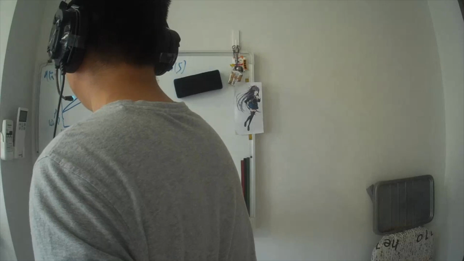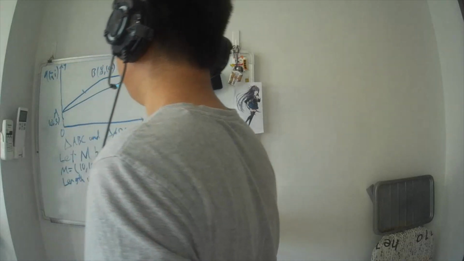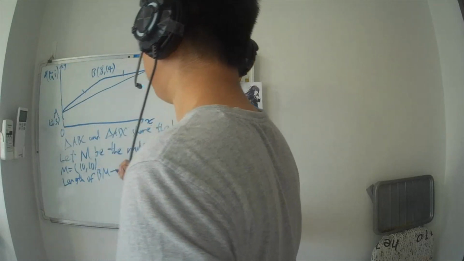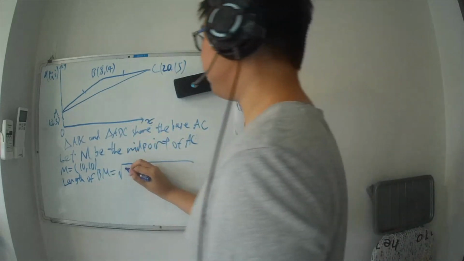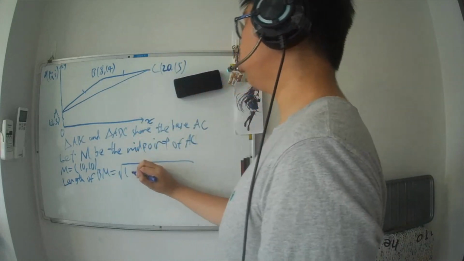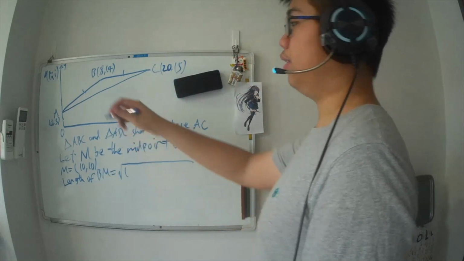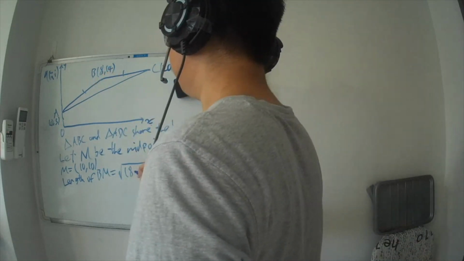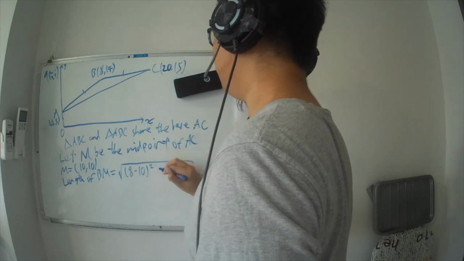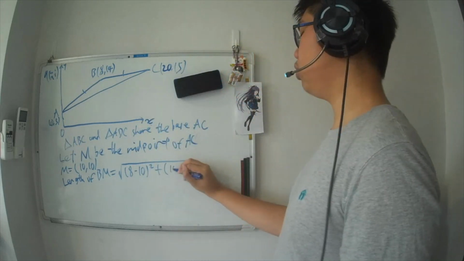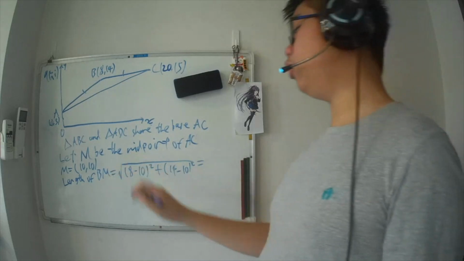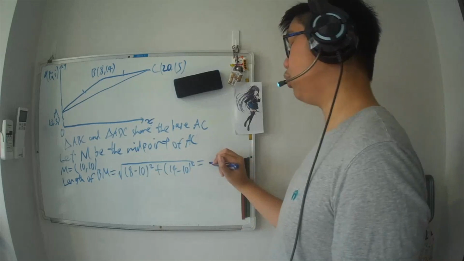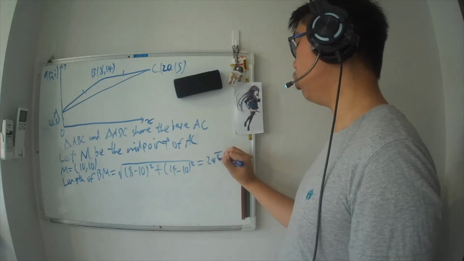So length of BM is equal to the square root of x2 minus x1, 8 minus 10 squared plus 14 minus 10 squared, right? And this is 4 plus 16, so the square root of 20, which is 2 times the square root of 5, okay?